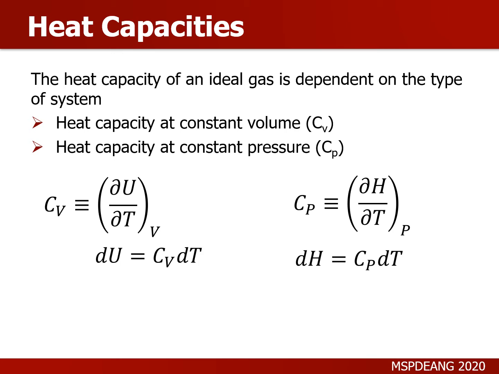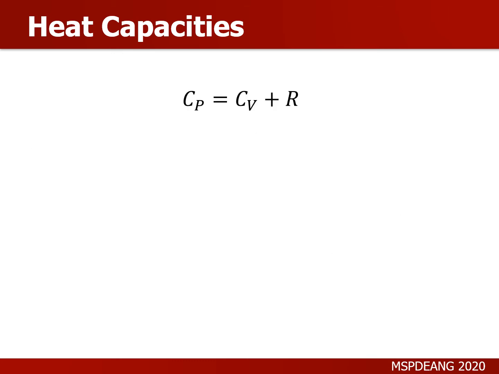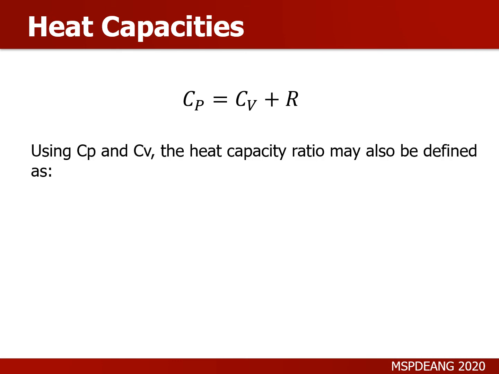And the relationship between Cp and Cv for ideal gases is such that Cp is equal to Cv plus R. And since Cp is equal to Cv plus R, you can also define your heat capacity ratio such that gamma is equal to Cp over Cv.